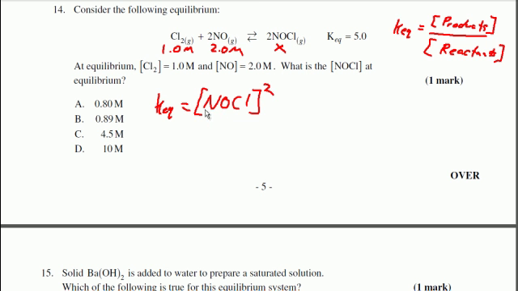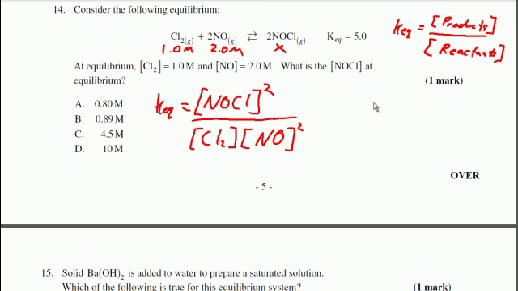We don't write the 2 here, we write the 2 up here. So products over reactants. There's no coefficient right here, so it's just like a 1, so we can write 1 here, or just nothing. And NO. Now there's a 2 there, so we have to write squared again right here.